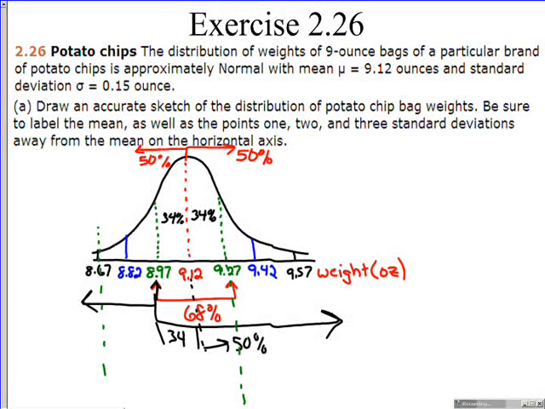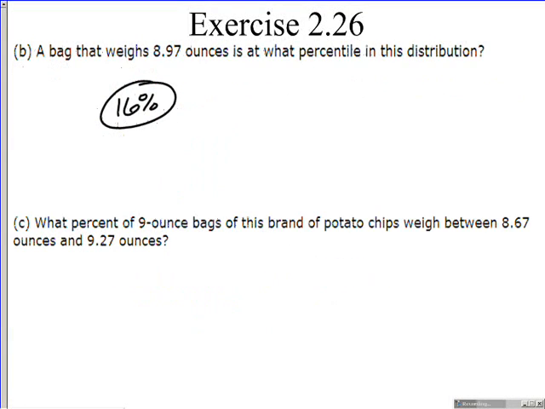So from here to here, remember this is the 99.7%. So this from here to here is about 50%, because remember outside of 3 standard deviations isn't much. 34% in here, so it's about 50% plus 34%, a little bit less than that. But again, we're estimating here, so we can say about 84% of the bags are between 8.67 and 9.27 ounces.